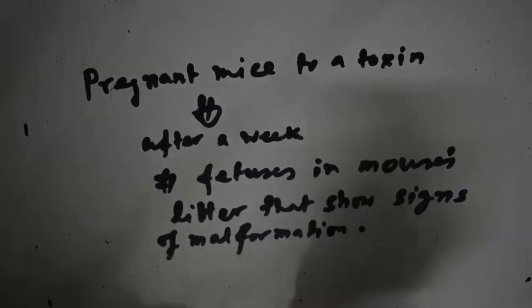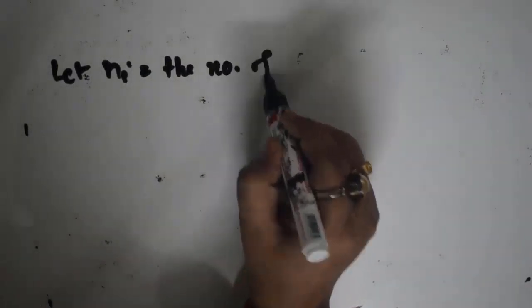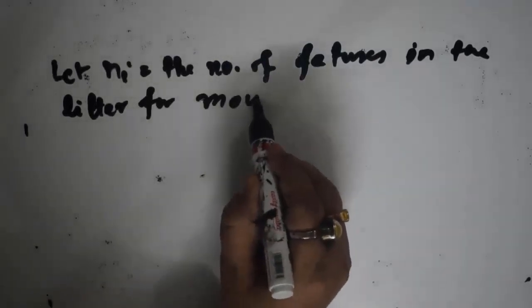Let ni denote the number of fetuses in the litter for mouse i.